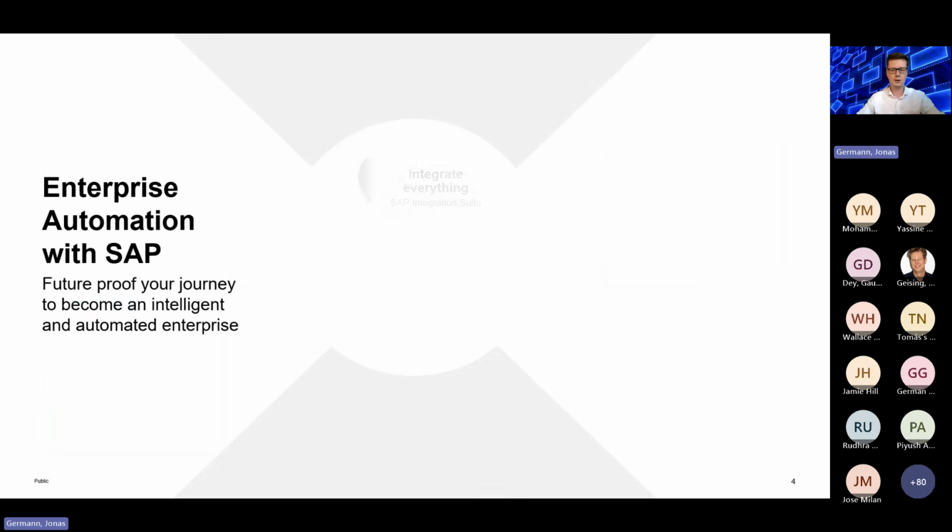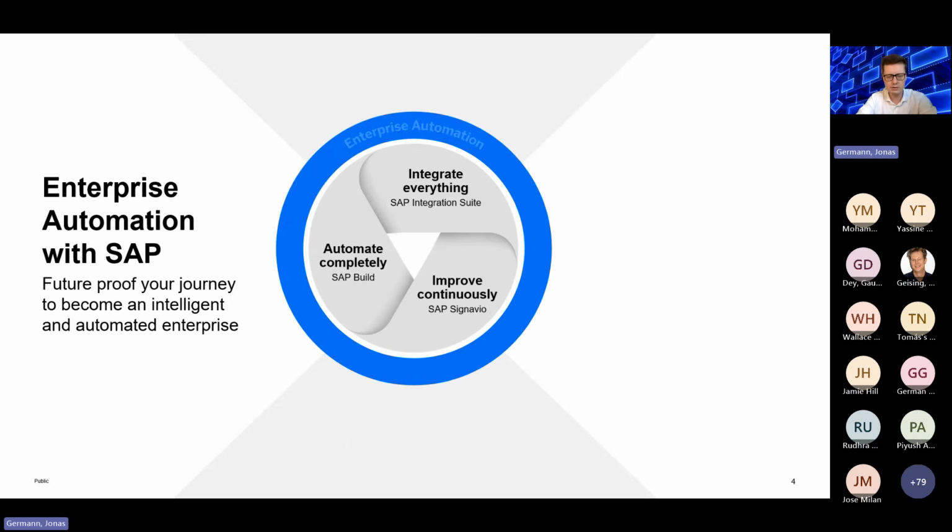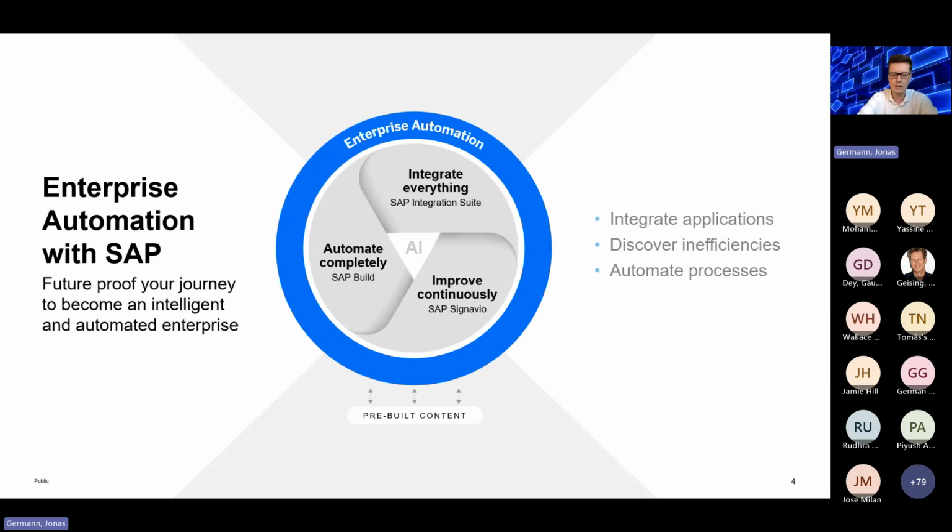Then you see slides or movies where SAP Build, the Integration Suite, and Signavio are combined. I thought I would go a little deeper in this meeting to show how you can use Signavio in combination with these two solutions to improve enterprise automation.